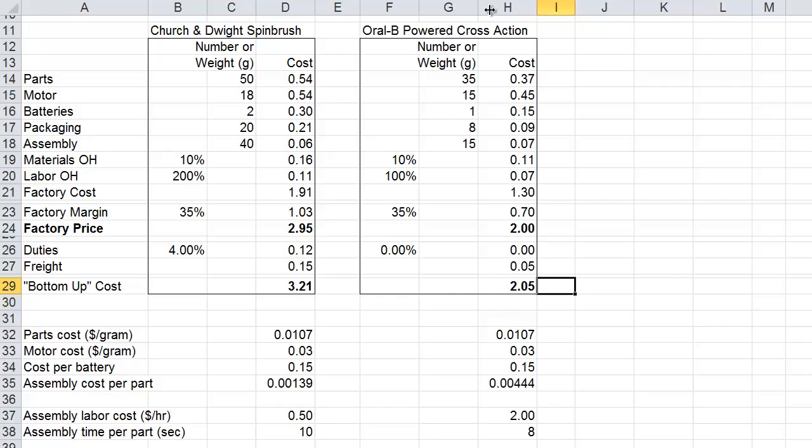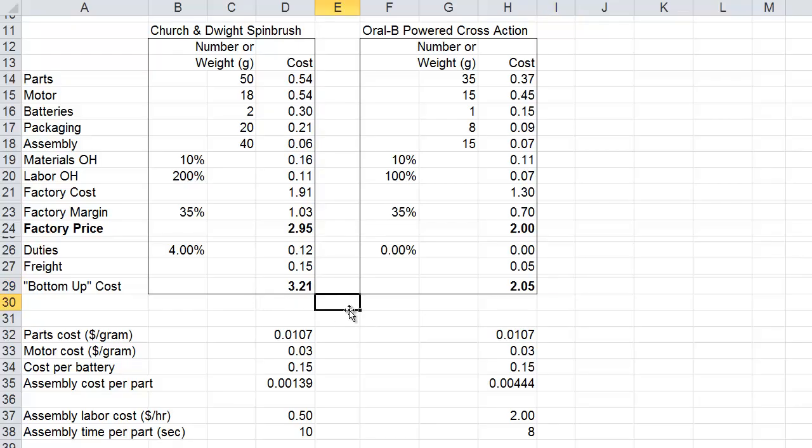With this internally consistent set of numbers, it's about a third less expensive than the landed cost of the Church & Dwight product as assembled in China.